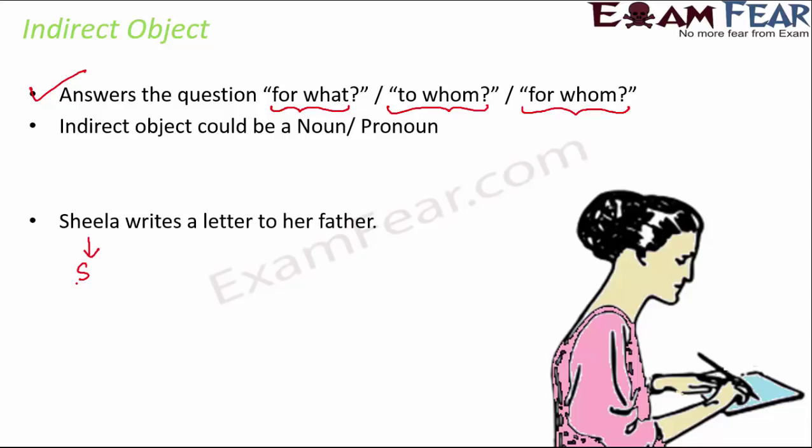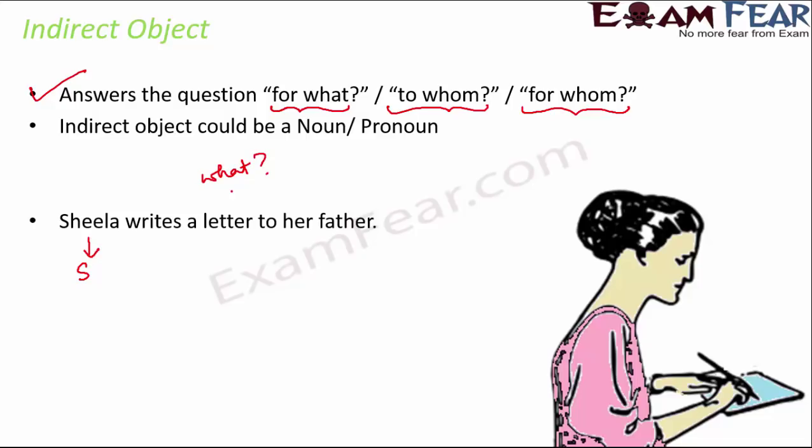Now since we are talking about an indirect object, it is very obvious that the sentence also has a direct object, because an indirect object cannot exist alone. So there has to be a direct object. So let us first try to identify the direct object. If we ask a question with what or whom after the action verb, the question would be Sheila writes what?